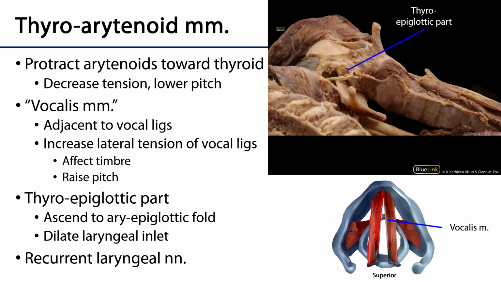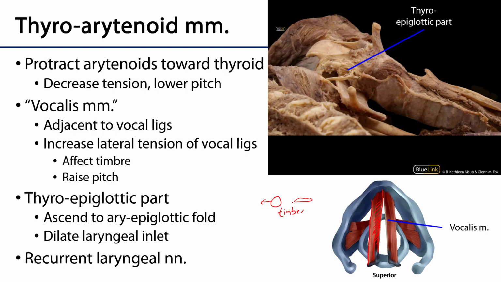It can increase lateral tension, and if we were to look at a cross-section of a vocal ligament, let's say that it just kind of looked like this, it could pull on that like so as to flatten that vocal ligament out, so as to change the timbre or the tonal quality of sound as it vibrates that vocal ligament. Because we're also adding tension, that can finally increase pitch as well.